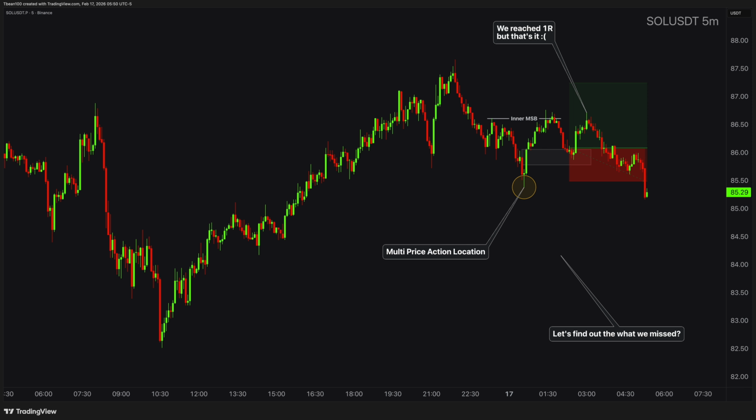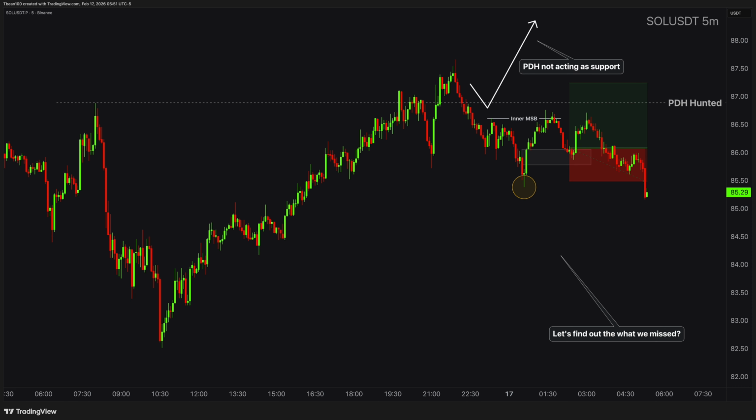Even though we had what looked like a high quality setup here, we missed something important, and that's what we really need to think about and question right now. When I was looking at this chart from a different perspective, I also noticed that the previous day's high had already been hunted. However, on that previous day, the high did not really act as a strong support area at all.